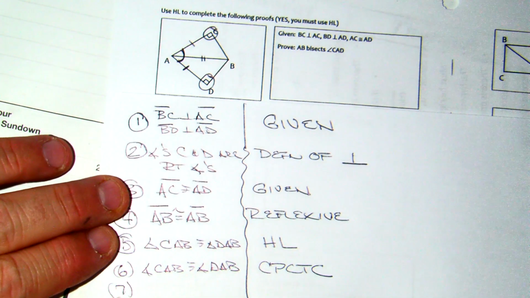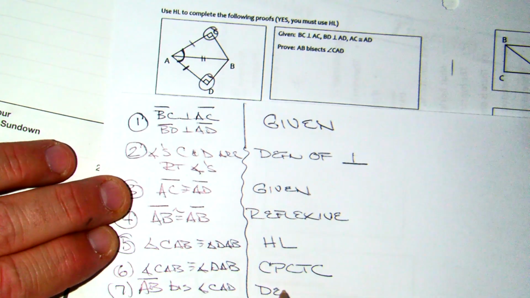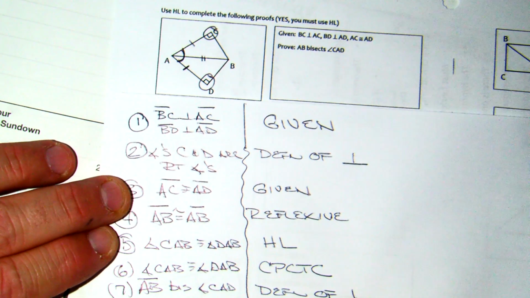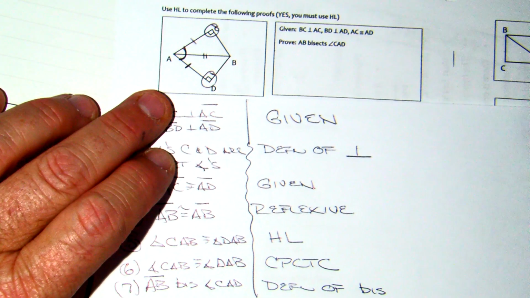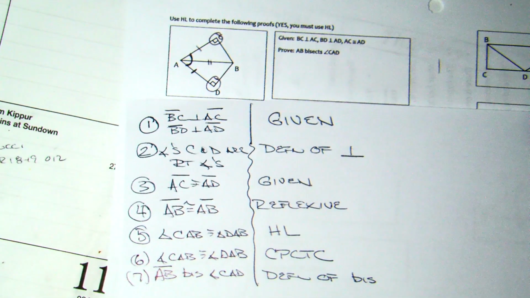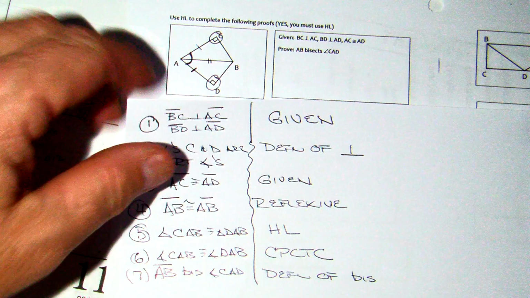And then number 7, AB bisects angle CAD, definition of bisector. All right. Seem good? All right.